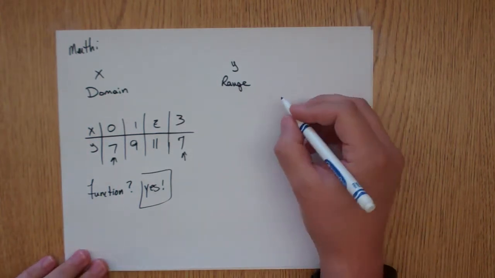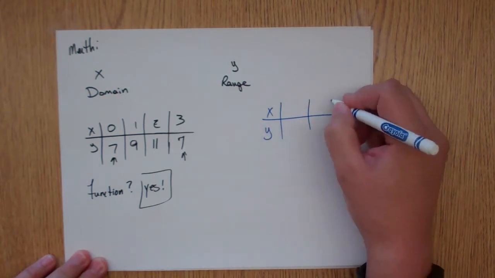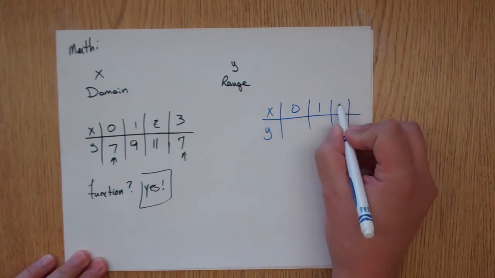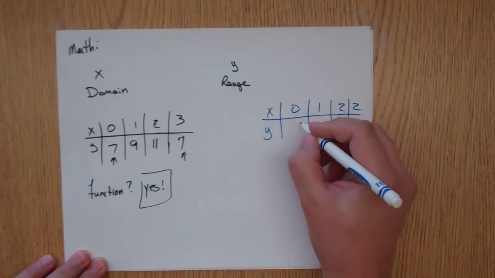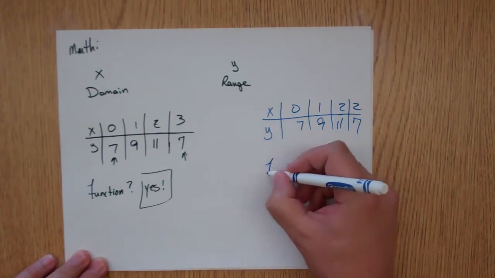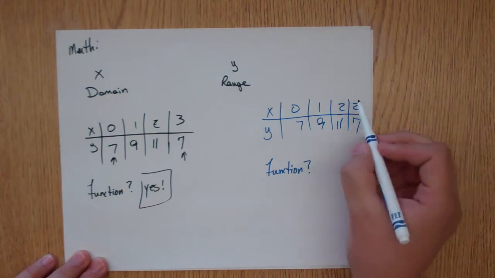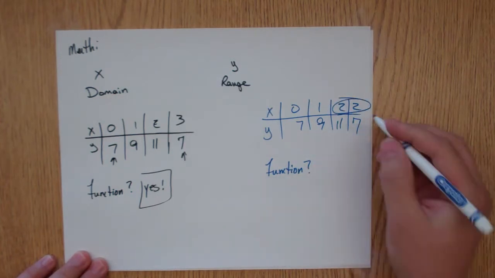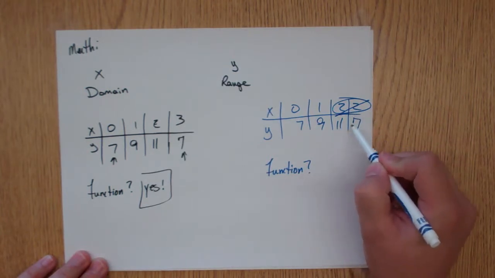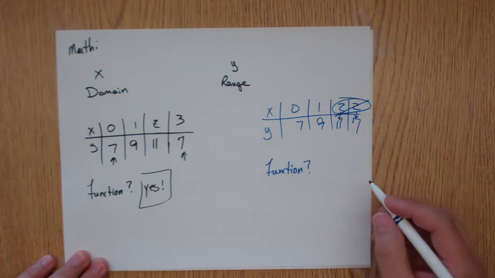All right, let's look at another example, a quick XY chart. X: 0, 1, 2, 2. And then Y: 7, 9, 11, 7. Is this a function? Answer is no, because if you look right there, 2 gives you 2 different outputs. You can get 11 and you can get 7.